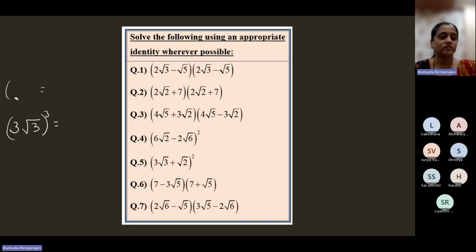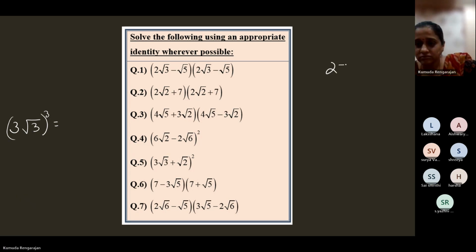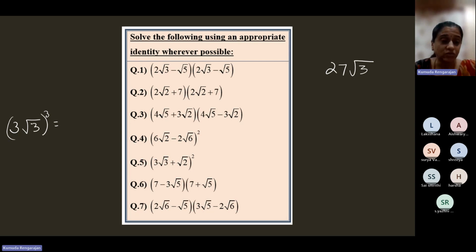So 3 square root of 3, the whole cube is nothing but 3 root 3.